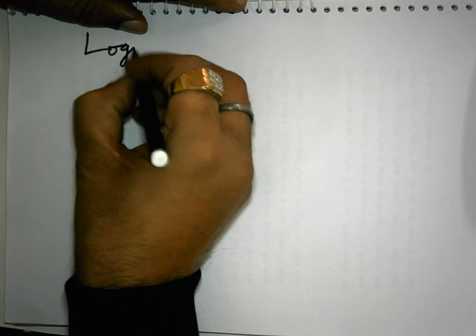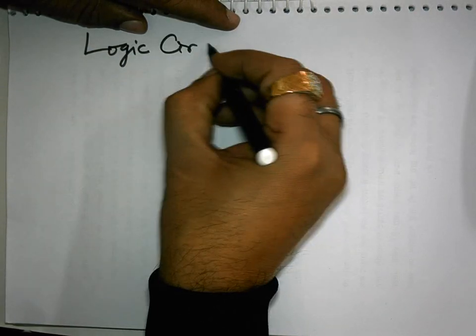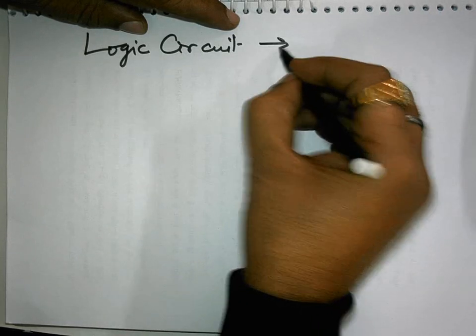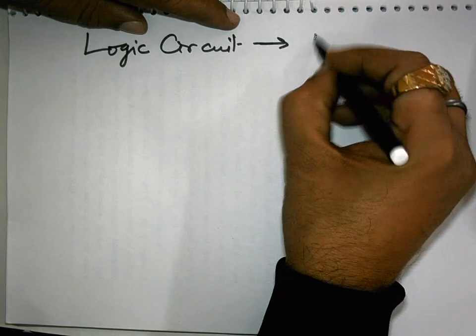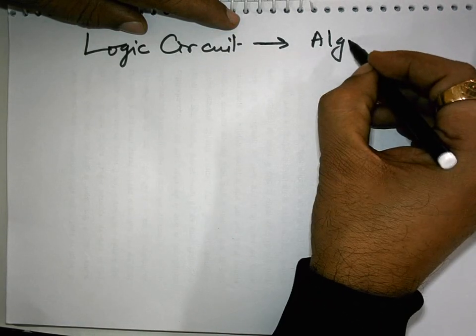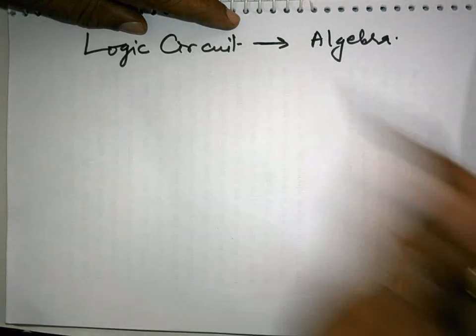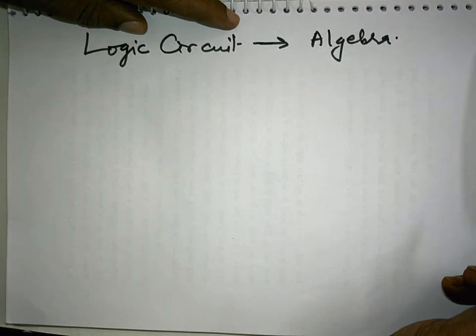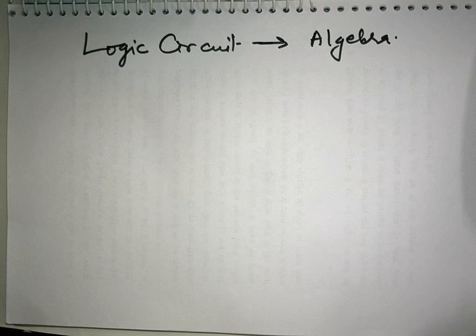if suppose a logical circuit is given to you and you have to reach the Boolean algebra or expression for it, this can also be done. A Boolean expression was given to you and you found the logical circuitry. If logical circuitry is given to you, you can find the Boolean expression. This is very simple.